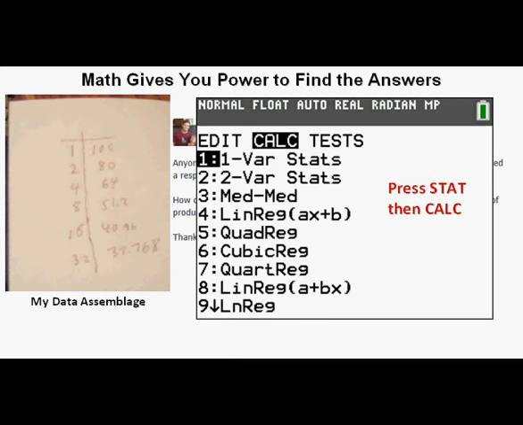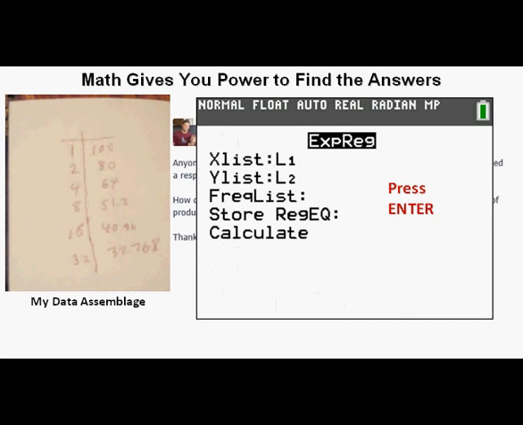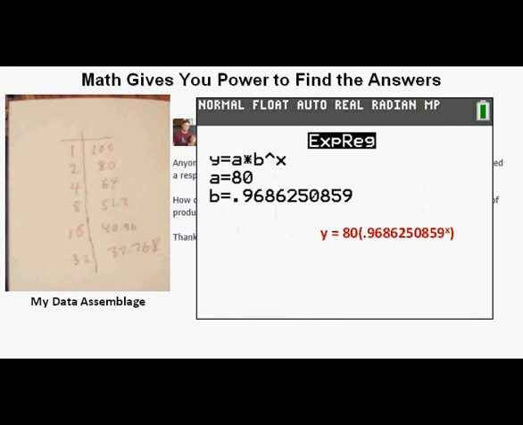Next, I scrolled down to the exponential regression, which is option number 0. Next, I pressed Enter. We see that L1 is the X list and L2 the Y list, which comes from my handwritten data. I scrolled down to Calculate, then pressed Enter.